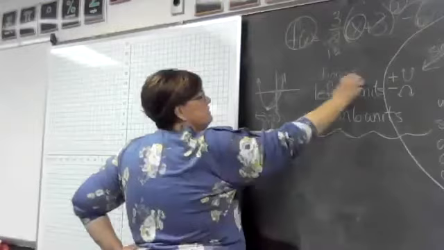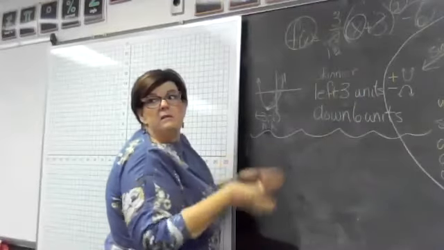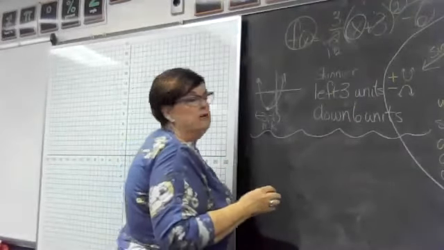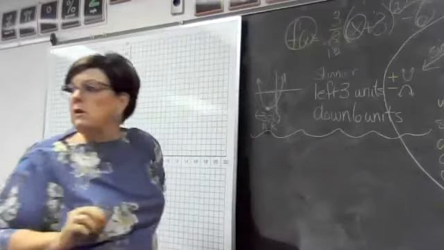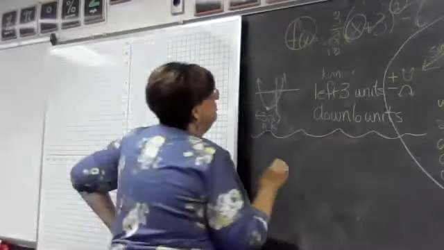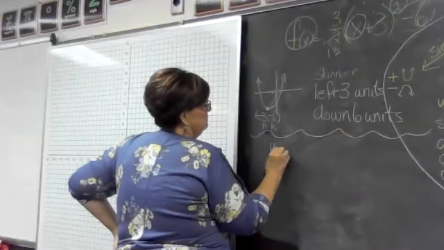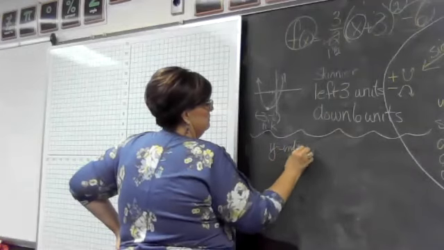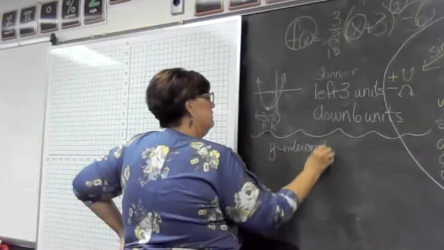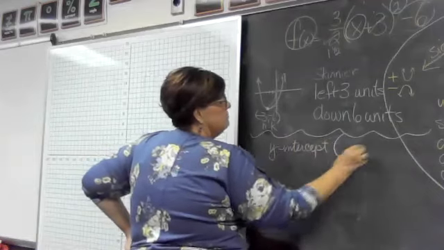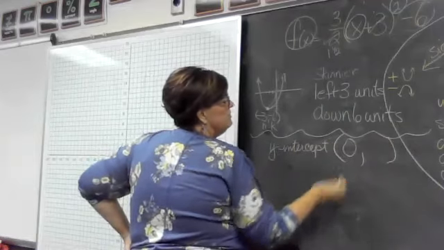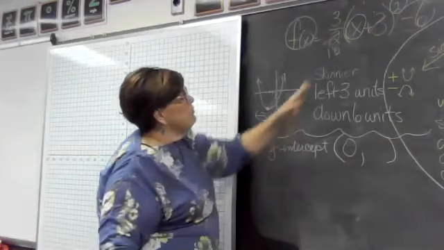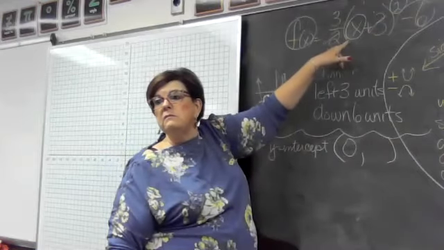Now, the skinnier means that we would have made that skinnier, right? Okay. So the y-intercept, remember, the y-intercept is a point where x equals 0. So plug 0 into this formula right here.